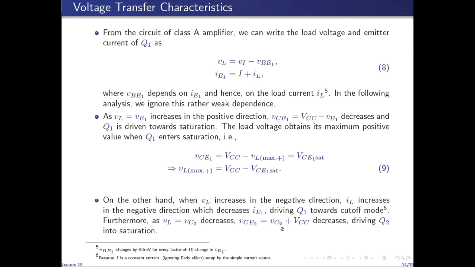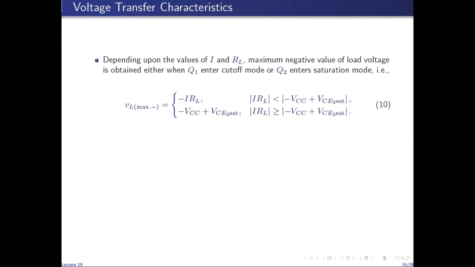So VCE2 is VC2 plus VCC. So as VC2 swings in the negative direction, this sum will decrease, which means that Q2 will be driven towards saturation. So as VL swings in the negative direction, Q1 is driven towards cutoff mode and Q2 is driven towards saturation mode.